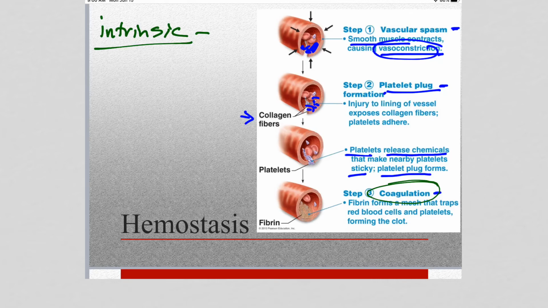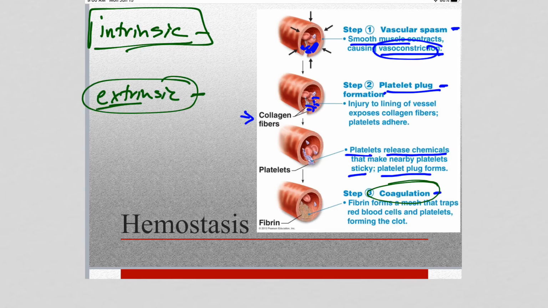The platelets are going to release a chemical, and it's going to stimulate the production of procoagulants, and then you're going to have this intrinsic pathway occurring that's basically going to convert prothrombin into fibrin.